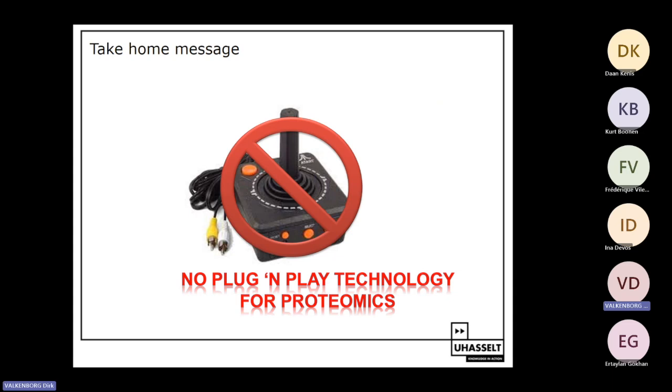Still, if you want to gain real confidence about a peptide spectrum match, best is to look at the spectrum. So the take-home message here is, well, proteomics and mass spectrometry, that is not plug-and-play technology. It requires quite some investment to understand the technology and be capable of interpreting all these results.